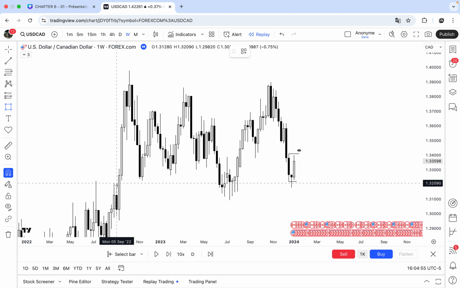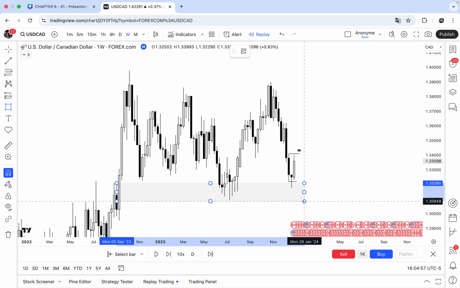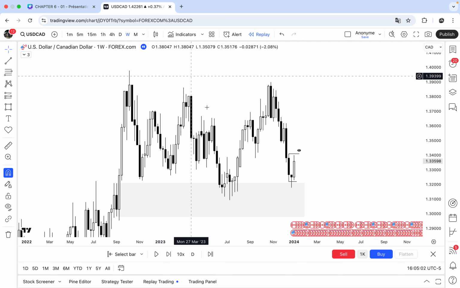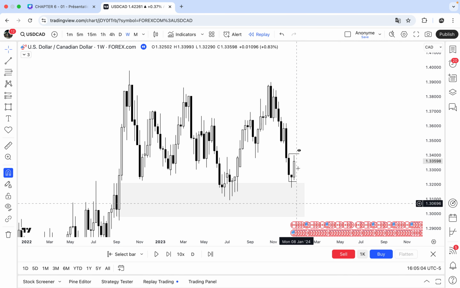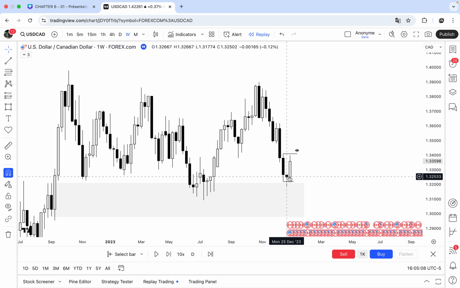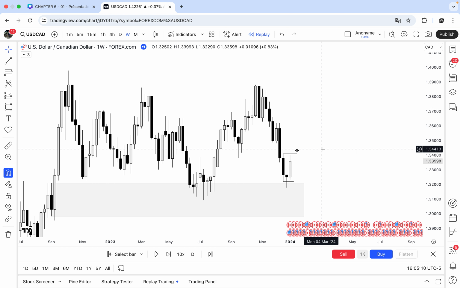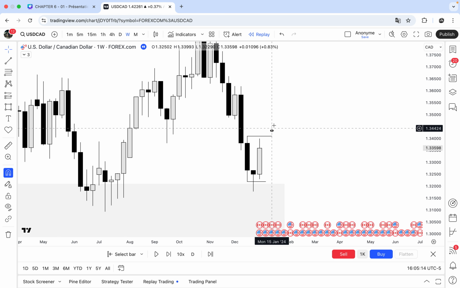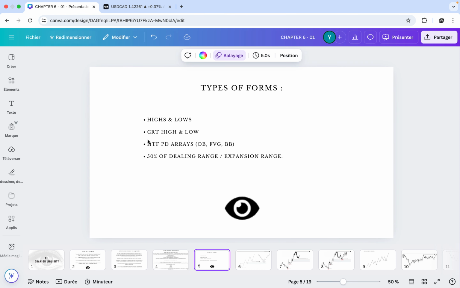This order block right there, as you see, is acting as a support right now. So price might continue to go up. So this is my drawn liquidity. But to make sure it will get respected, we need to look at the market structure and the order flow.